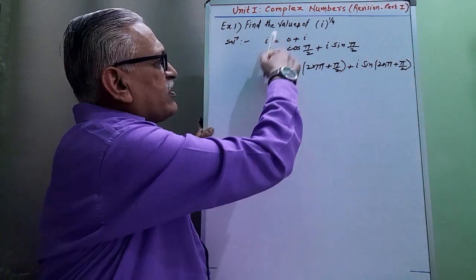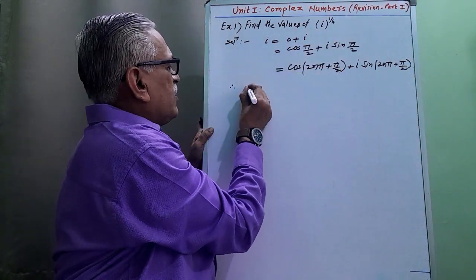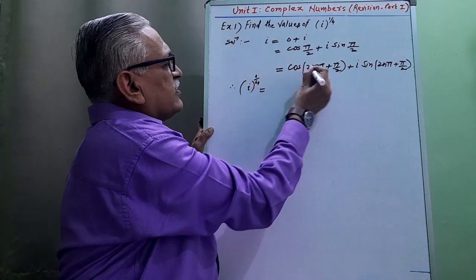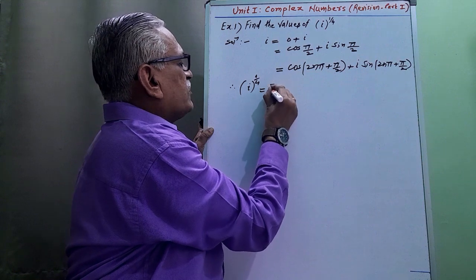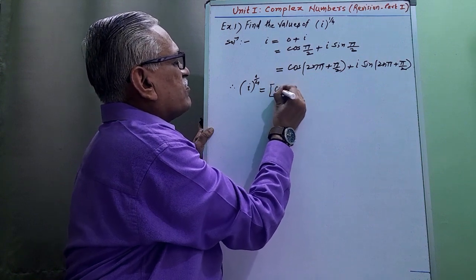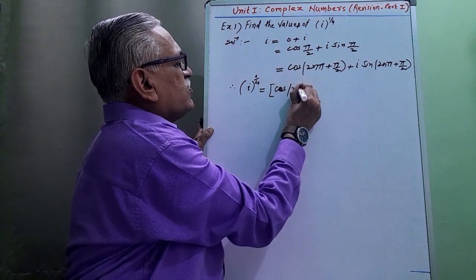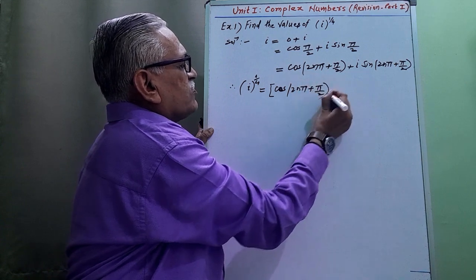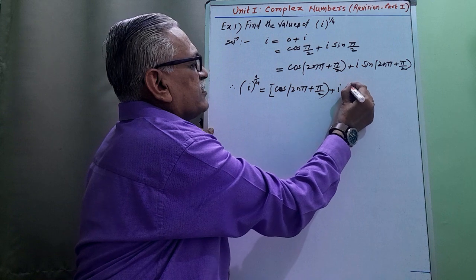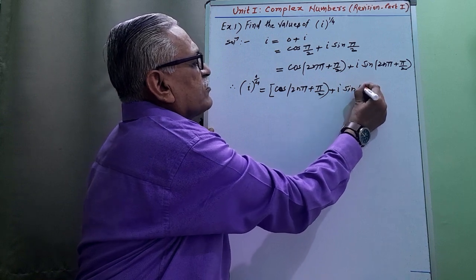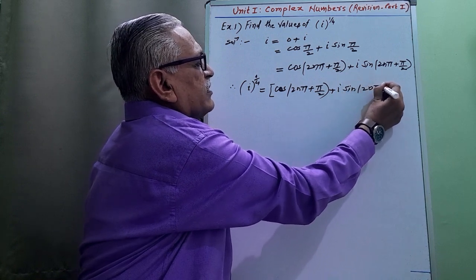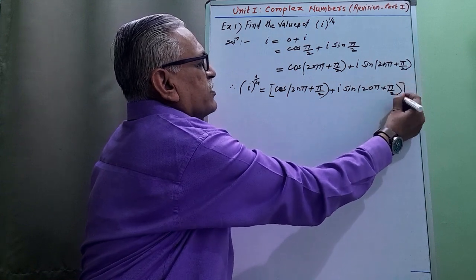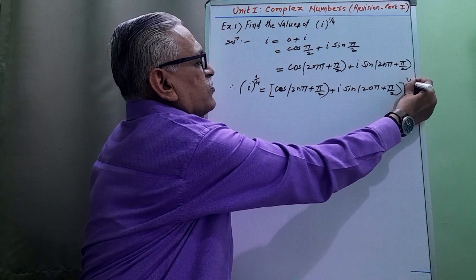And then taking power as 1 by 4, therefore i raised to 1 by 4 is nothing but this bracket raised to 1 by 4, that is cos of 2n pi plus pi by 2 plus i times sin of 2n pi plus pi by 2, and whole raised to 1 by 4.